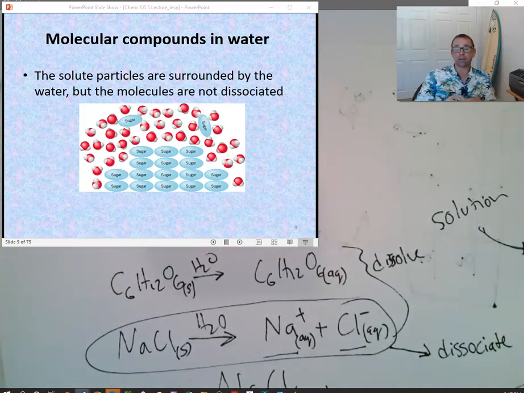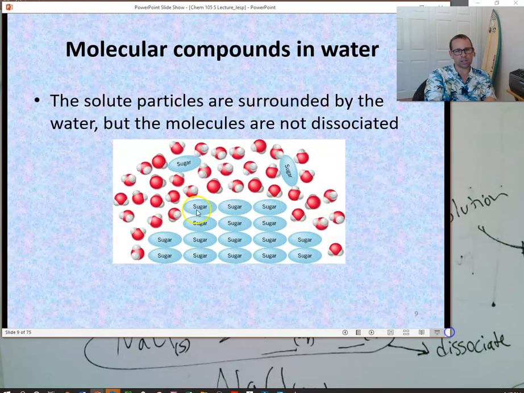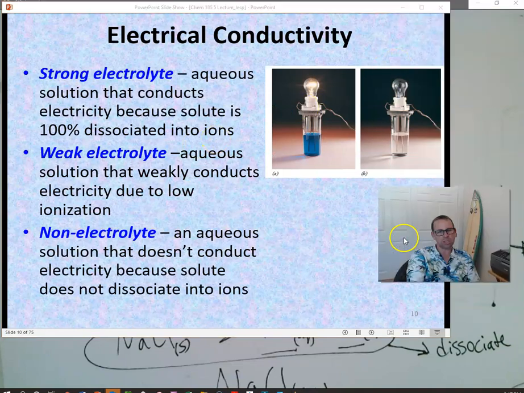And that's also why water becomes conductive if it has ions dissolved in it. So let's look right here. We see that sugar can be dissolved in water just like salt can. But sugar does not dissociate into ions because sugar is not an ionic compound.